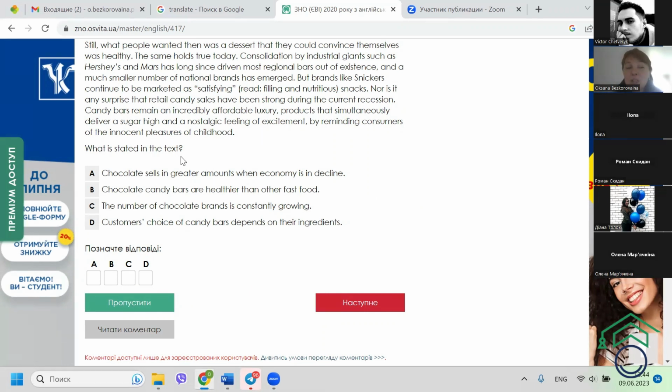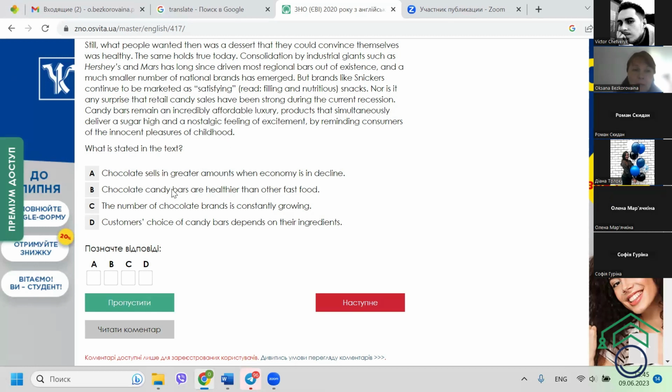Як перекласти? What is stated in the text? Stated. Що стверджується? Що стверджує текст? Про що йдеться або що стверджує?